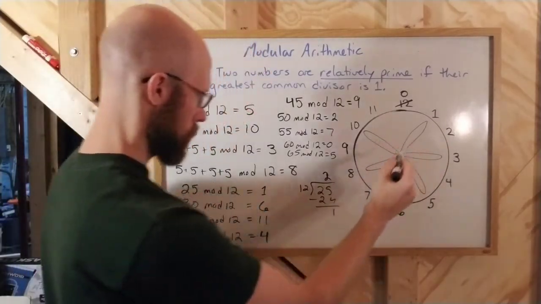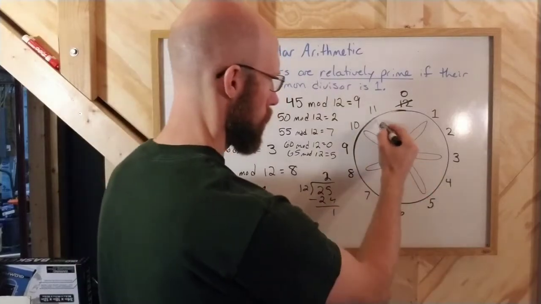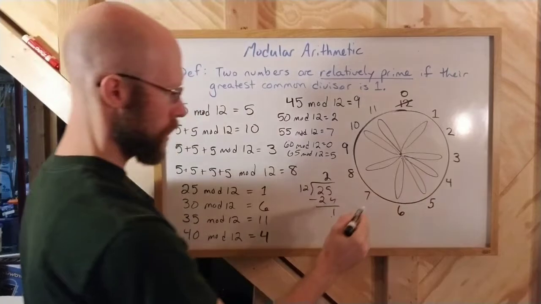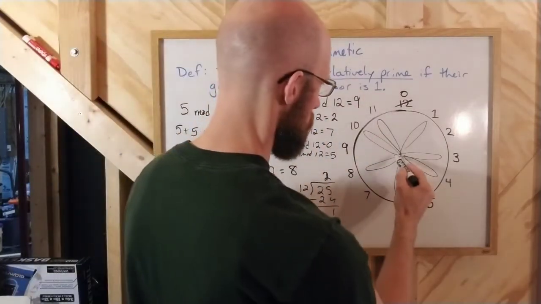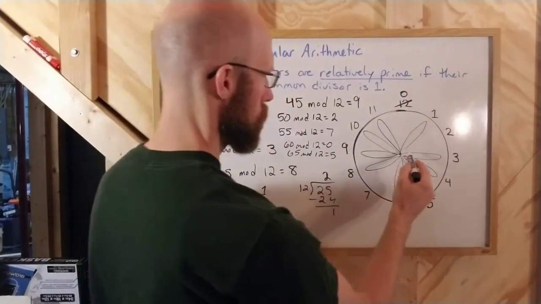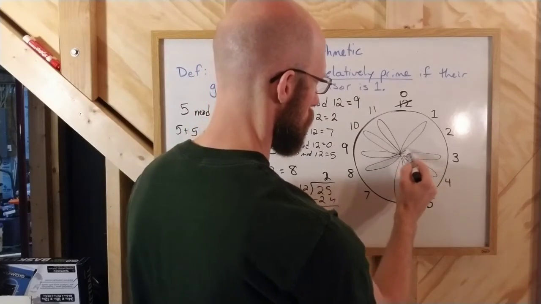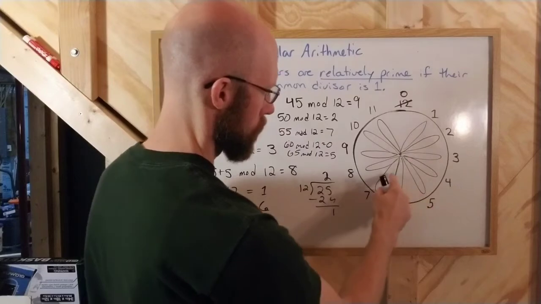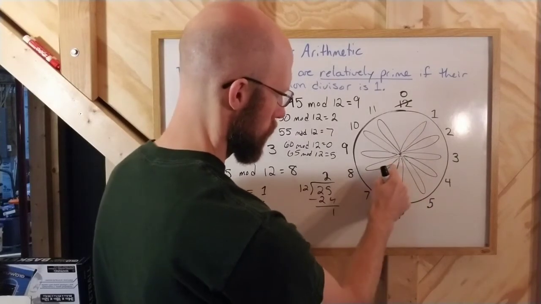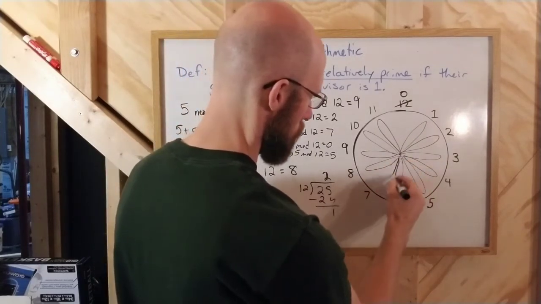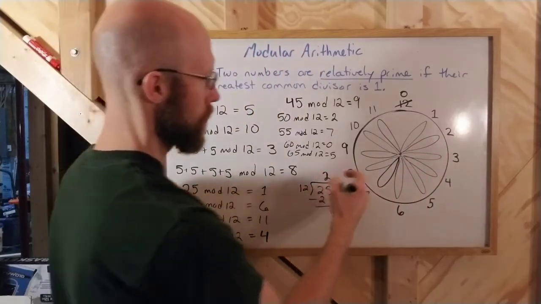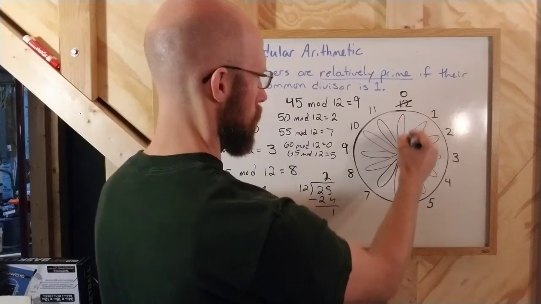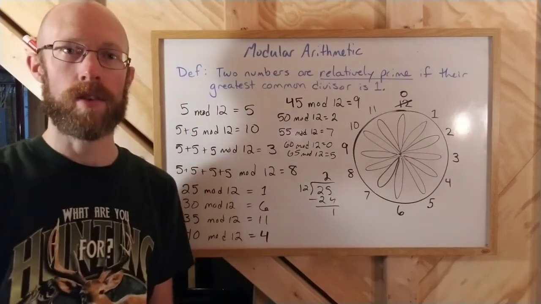And you get 6, and then 11, and then 4, it's just filling in the gaps, and then 9, and then 2, 7, 0, and then it would start over again. So you can see how everything gets hit.